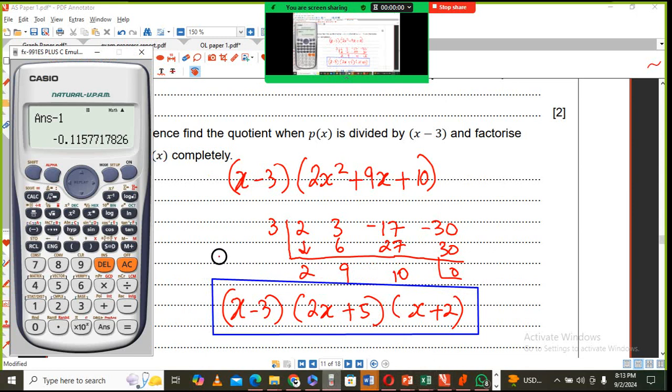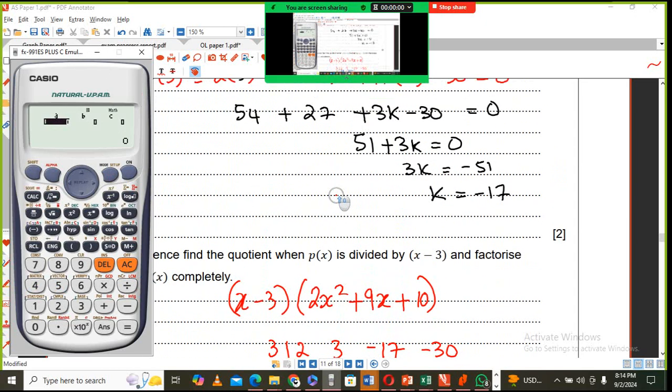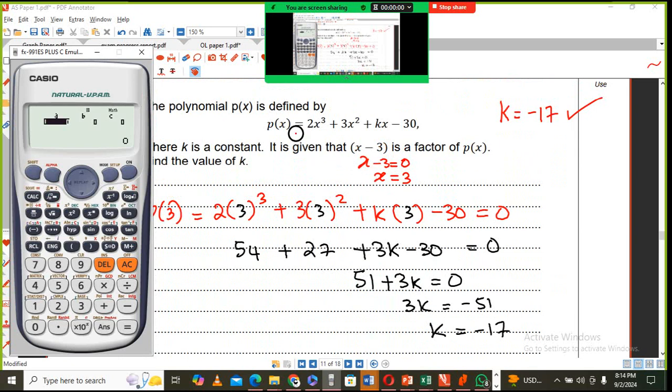If you were using this calculator, it would have been very easy. You go to equation, you choose the fourth one, and you input the coefficients of our original function: 2, 3, negative 17, and negative 30.